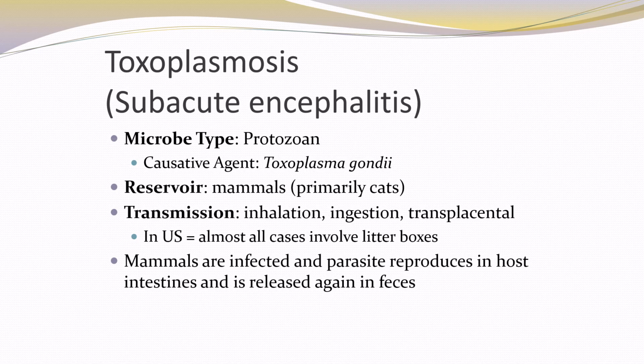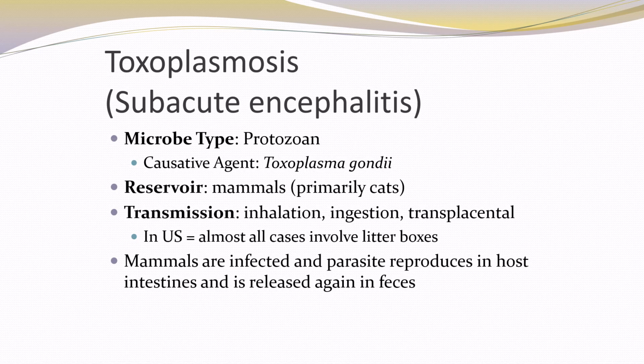Now, this is where things get unfortunate: once that feces is all dried out and you go to scoop or dump the litter box, you get this plume of dust and feces and urine, and what's in that dried feces is the protozoan, Toxoplasma gondii.